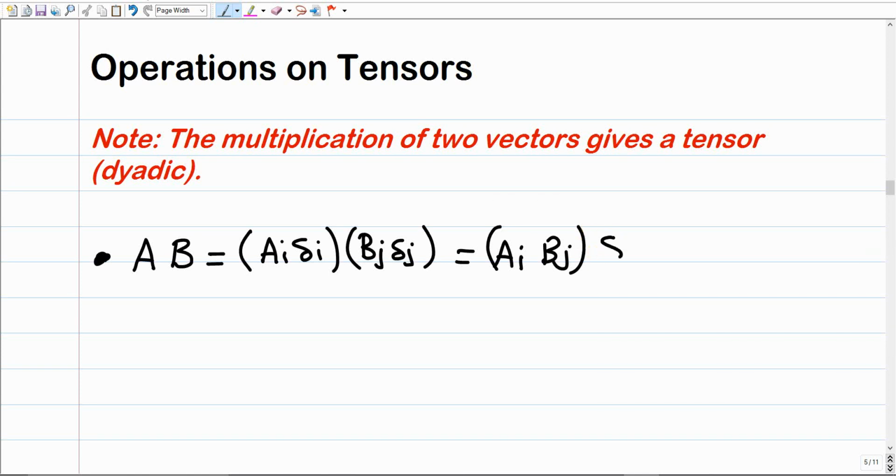But it's a big deal, the order of delta_i and delta_j. The arrangement of the unit vectors, which comes first, is a big deal to us. We have delta_i first, then delta_j, so we end up with delta_i delta_j. There is no specific operation between delta_i and delta_j.